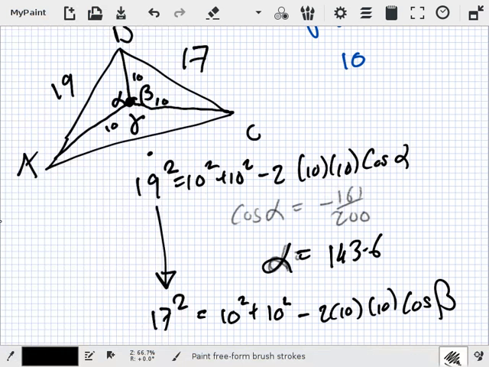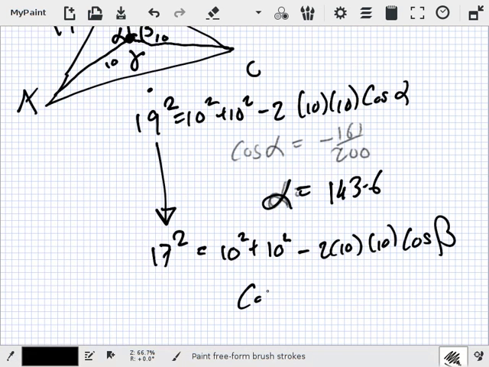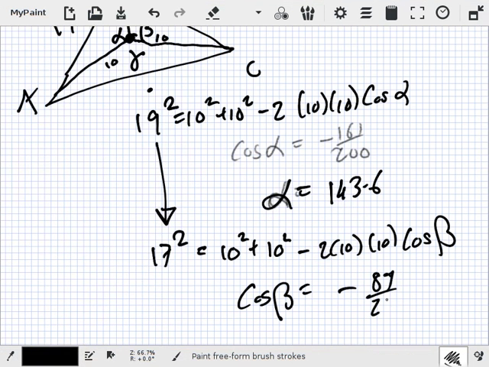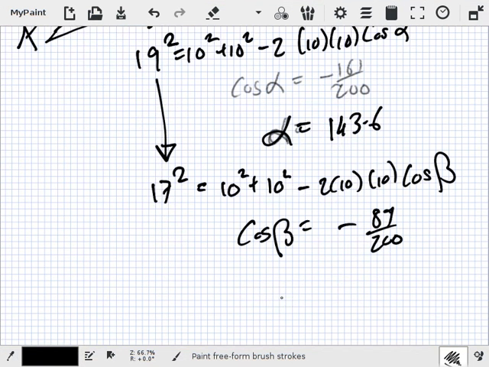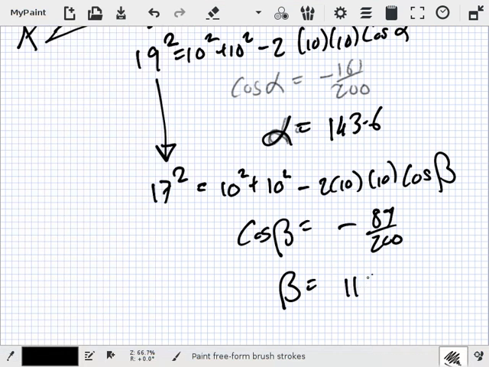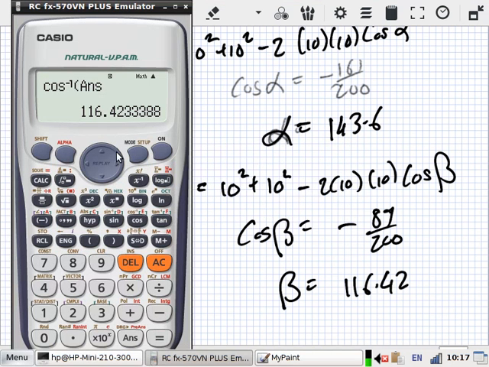So cos beta is minus 89 over 200. So that means beta is cos inverse of that. I don't need to worry about the value because again I'll just store this on my calculator. Shift store as B. Super.